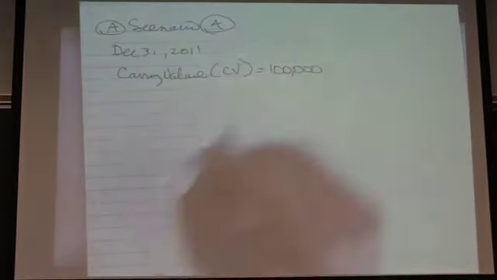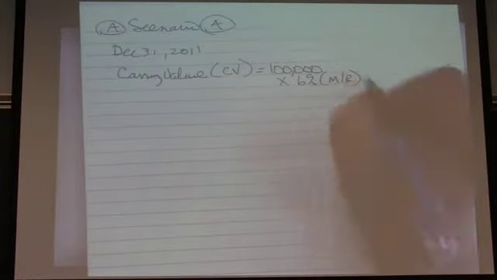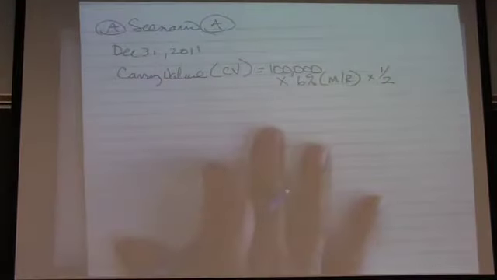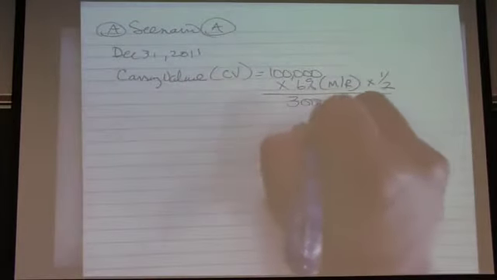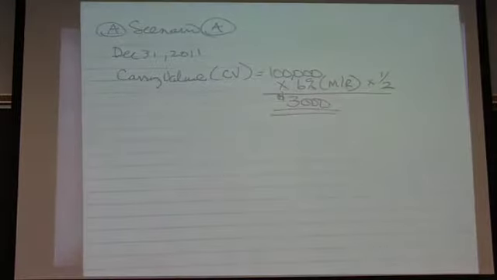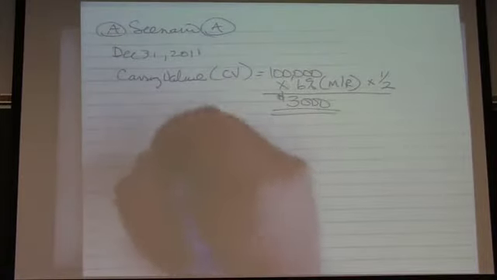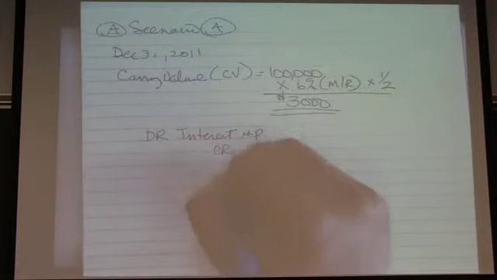I'm going to call that CV. In this case, the balance owing is $100,000. We're going to multiply by the market rate, 6%, okay, times 1/2 because it's the first interest payment and the bonds were only outstanding for 6 months. That gives us $3,000. In fact, that is equal to the amount that we paid because the market rate's the same. So our entry on December 31st is going to be debit interest expense, credit cash.